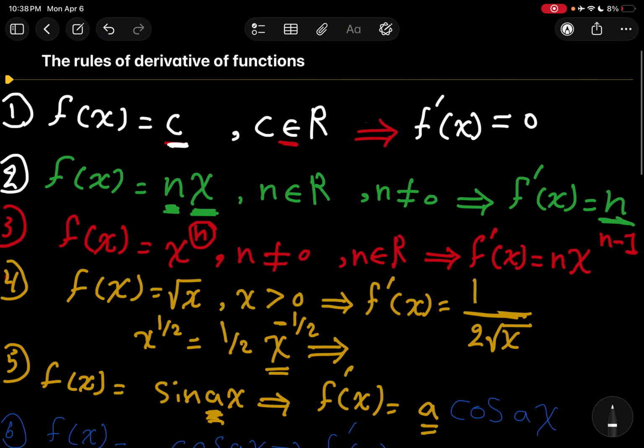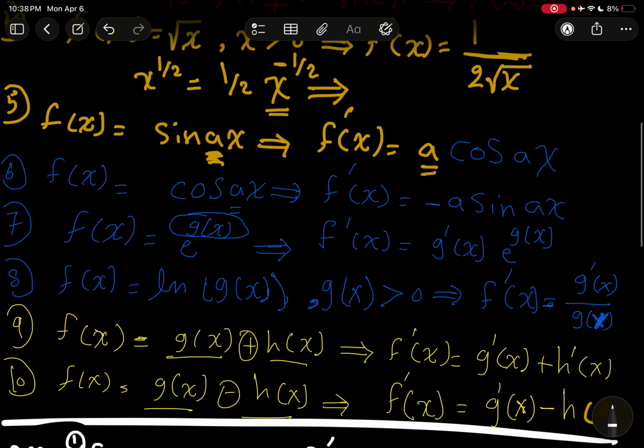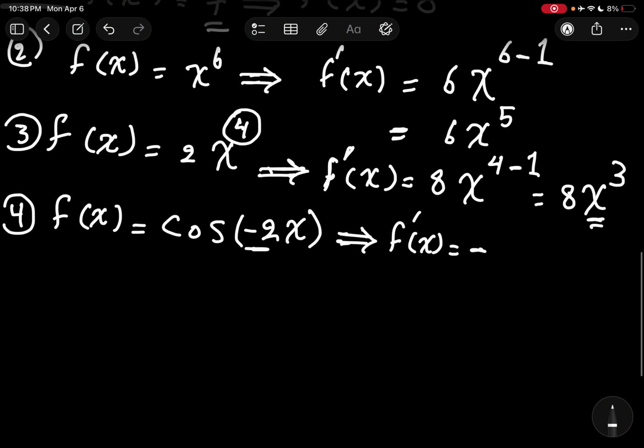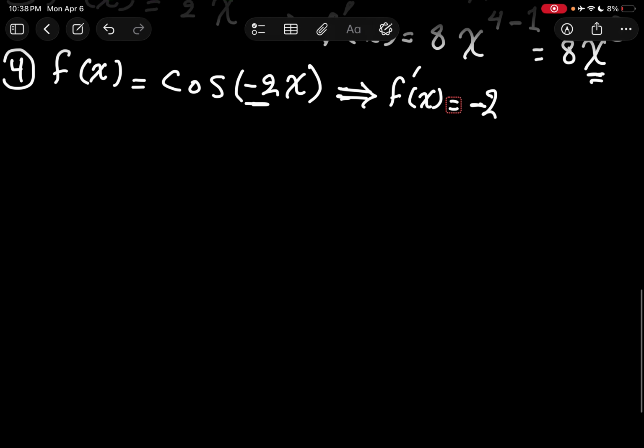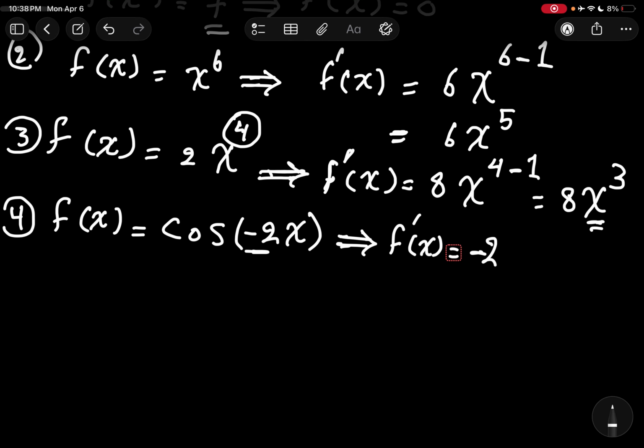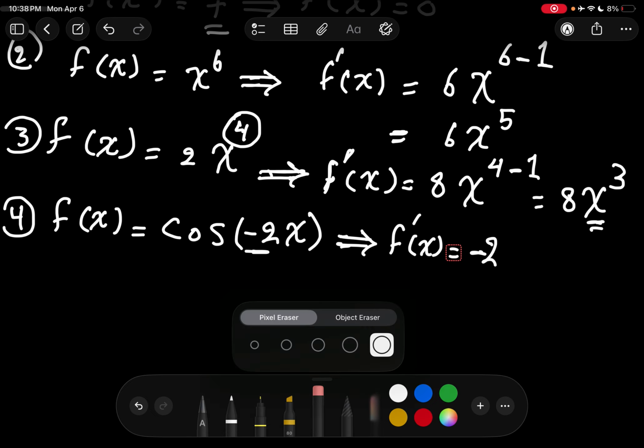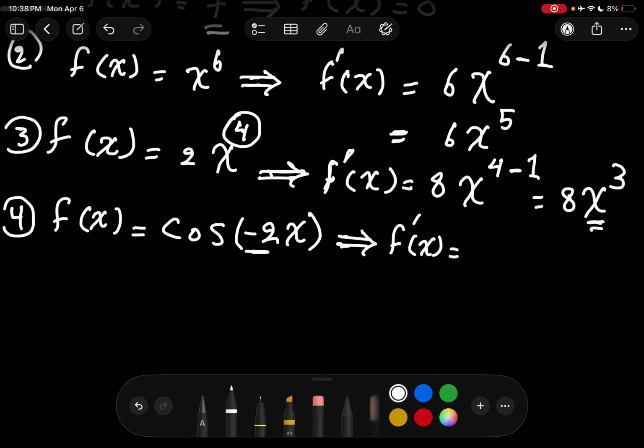Look, the rule of cosine ax here. So cosine -2 as an angle, put it down, and we have negative from the rule, and the angle is -2.